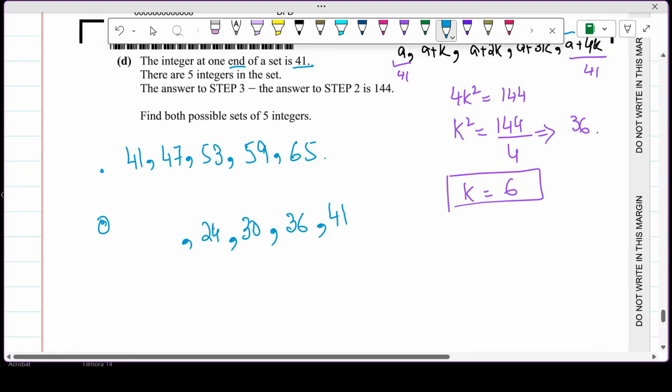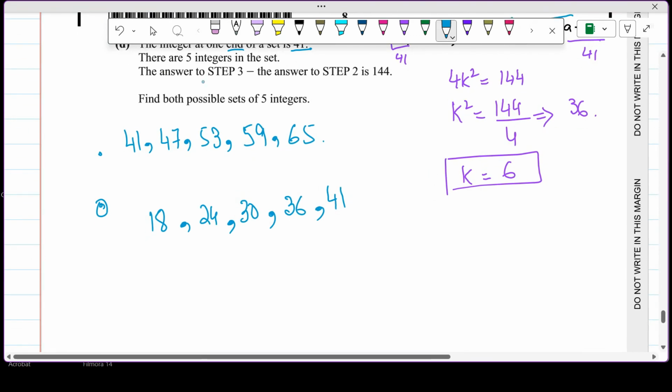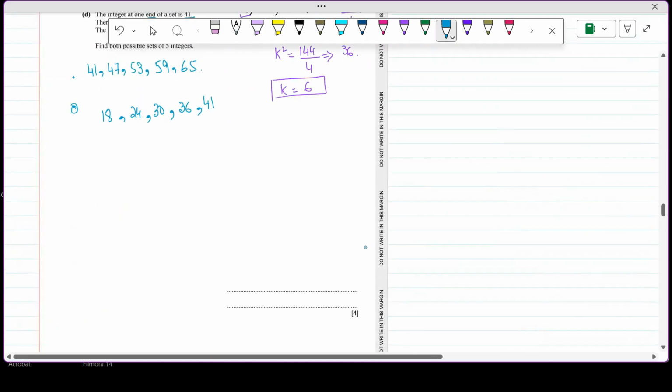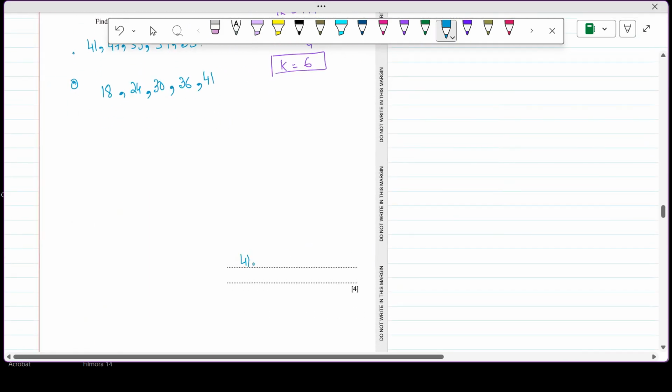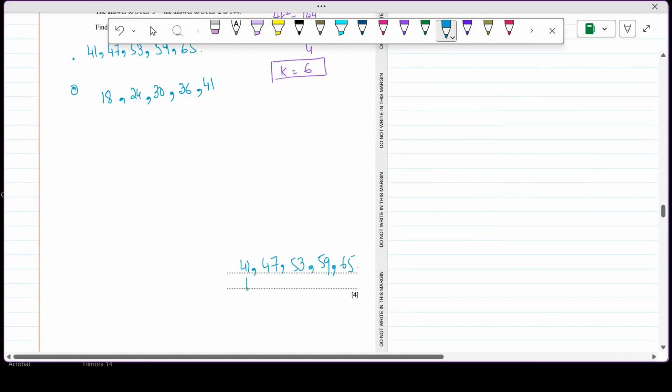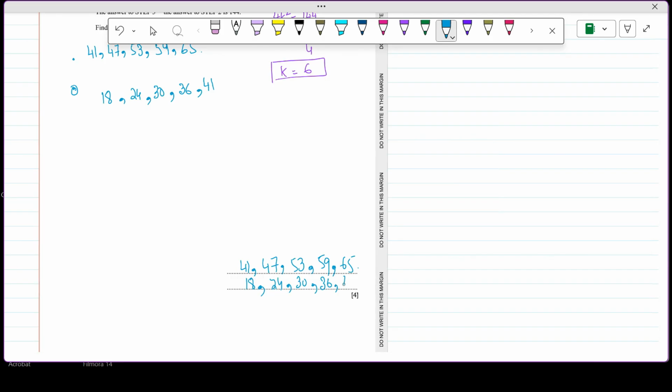When we decrease 24 by 6, it will be 18. So 1, 2, 3, 4, 5. So this is the other possible set of integers. So we can write it: 41, then 47, then 53, then 59, then 65, and 18, then 24, then 30, then 36, and then 41.